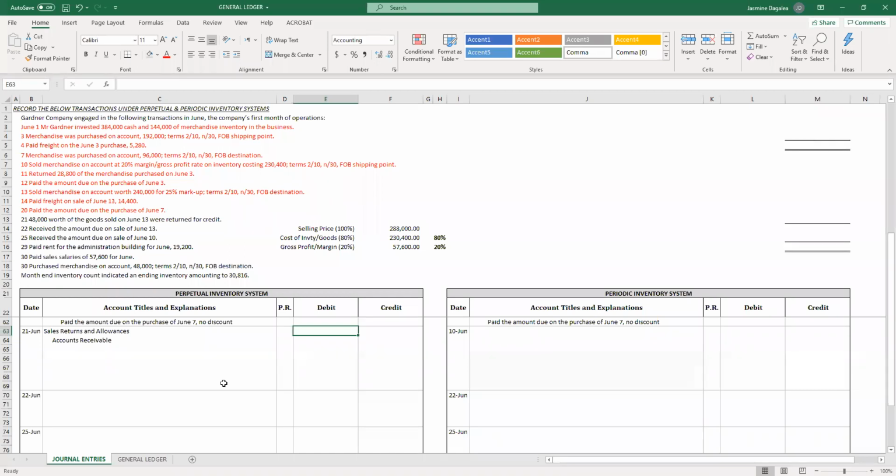So, how much you will deduct from your receivable from your client? 48, ma'am? Hindi, 48 yung cost ng goods. 48,000 yung worth ng inventory. So remember, June 13, your markup is 25%.